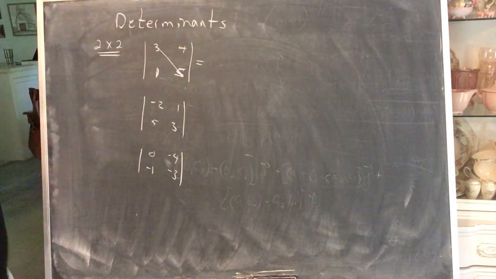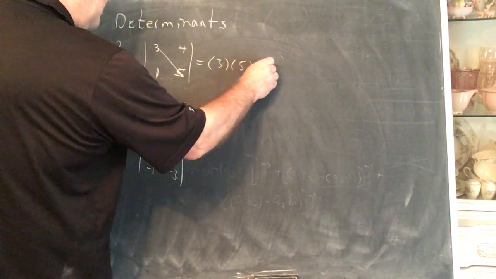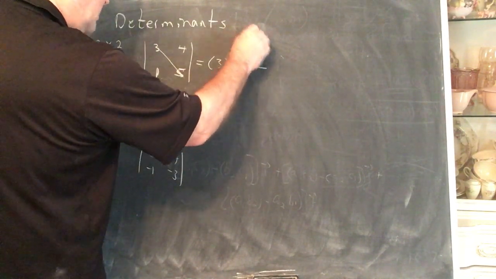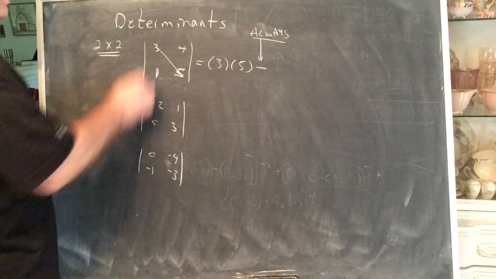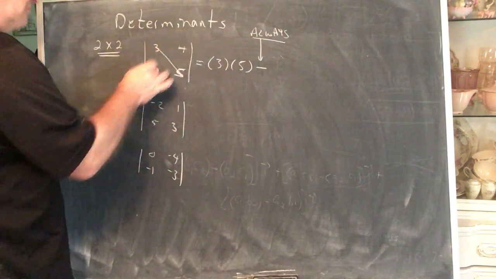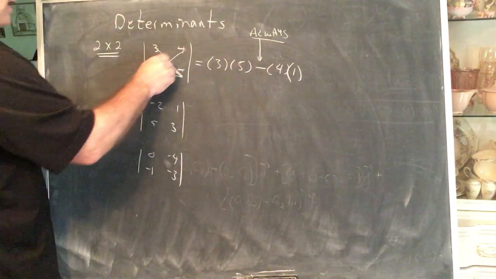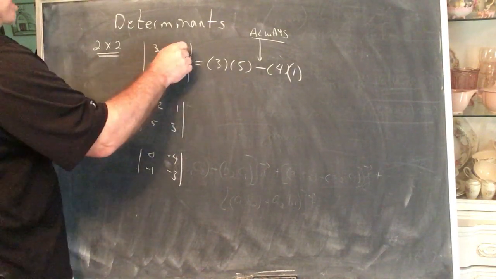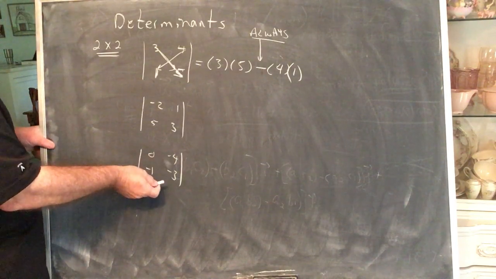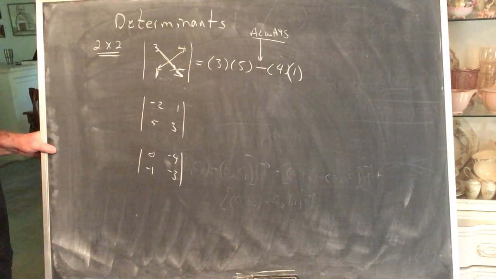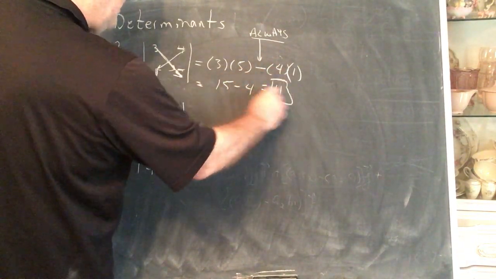So along the main diagonal you multiply and subtract. It is always subtract. Always subtract. It's multiply here minus multiply here along the minor diagonal. So the main diagonal and then the minor diagonal, and you subtract. If the values themselves are negative, you take that into account when you do the computation. And so this is 15 minus 4, so this determinant is 11.